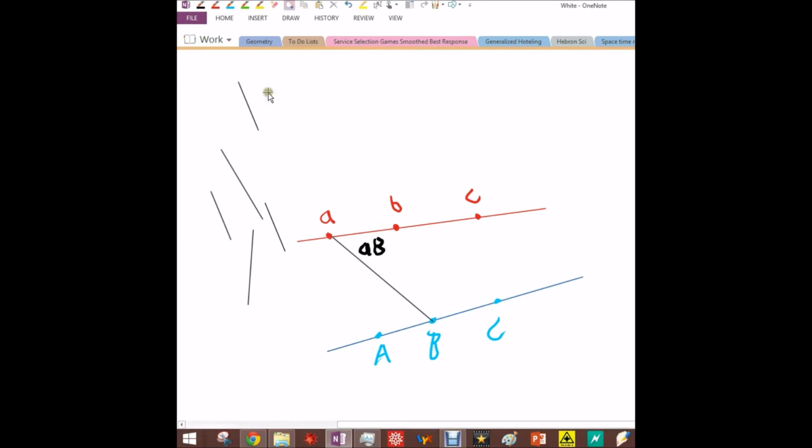Now we shall do something similar again. We'll take another line from little b to big A. So this line is called little a b, and this line here is called big A, little b.